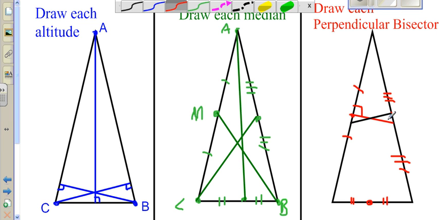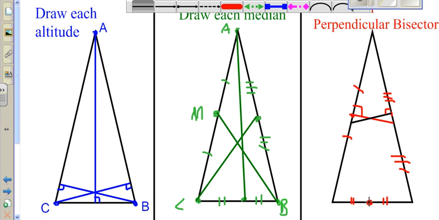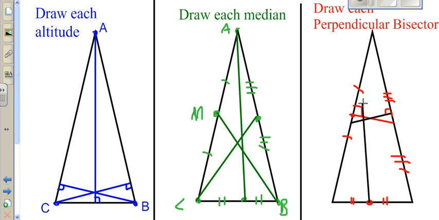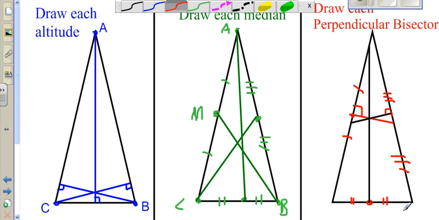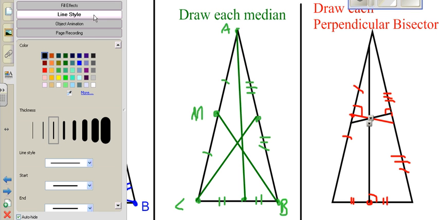Again I show it's 90 by using the right angle. The final line is 90 degrees from the bottom side. So these are all my perpendicular bisectors. Notice how they all cross in the same spot. Each of these always cross in the same spot if I did it right.